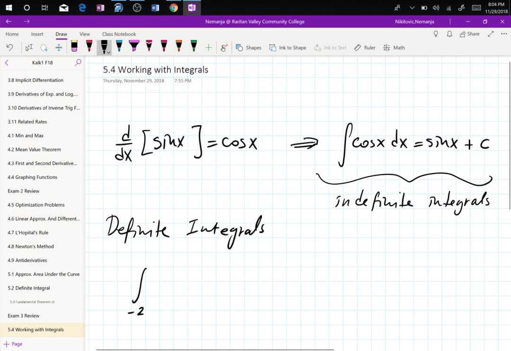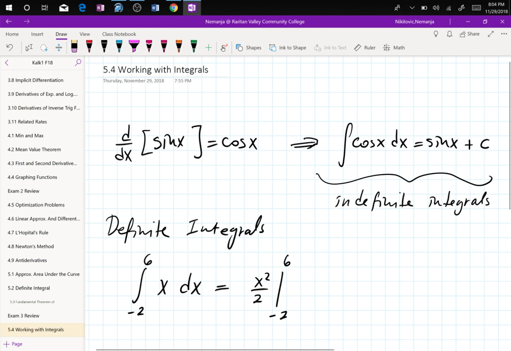So let's say from -2 to 6 of, let's say, x dx, just to be lazy. So this is going to be x squared over 2. And now instead of putting plus c, we put computed from -2 to 6.